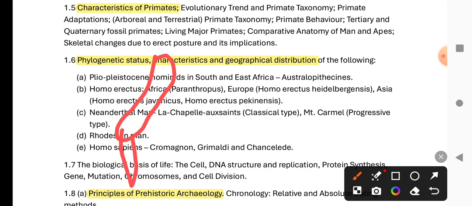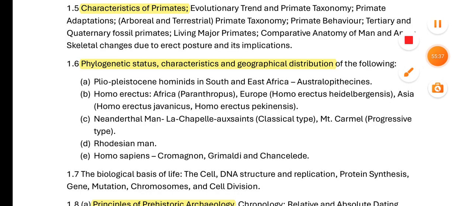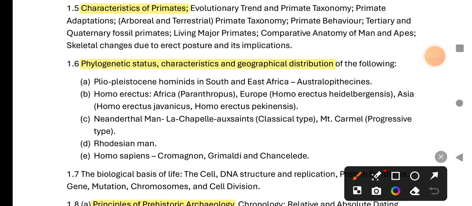Because the linea aspera is not developed, the leg gets bent backward. Due to this bent, Australopithecus was not very much bipedal.